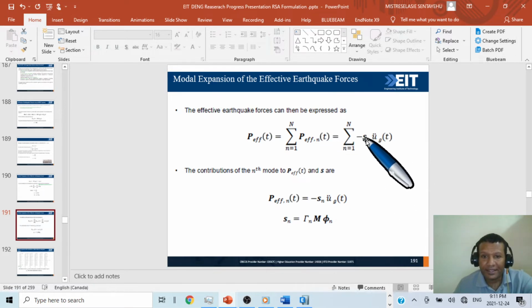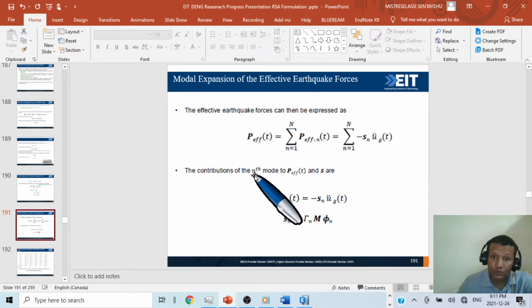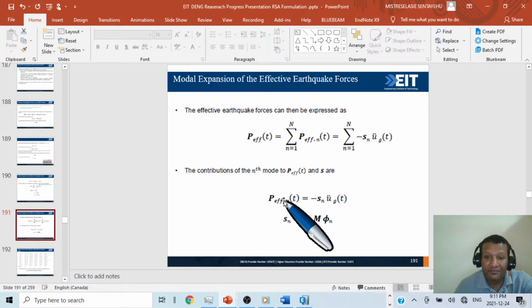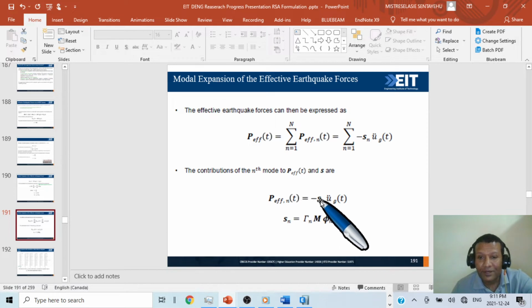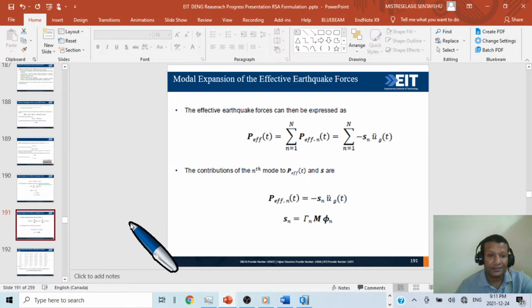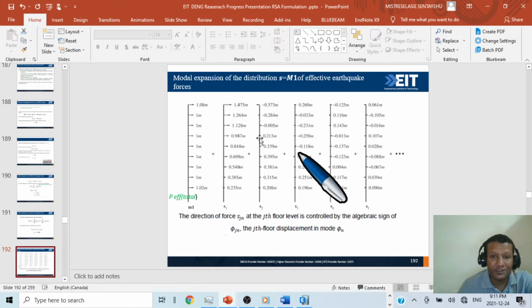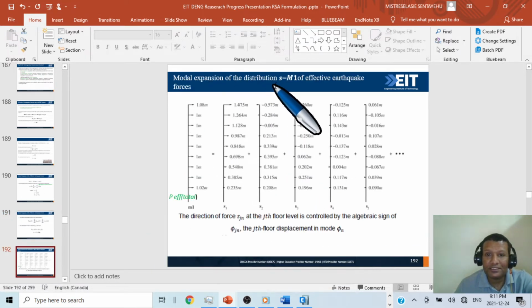So Sn means the distribution factor. So the contribution of the nth mode to P effective of t is P effective n, minus Sn ug double dot. So Sn means Rn m times phi n. I will show you this one: the modal expansion of the distribution m times 1 of effective earthquake force. This will be very easy.